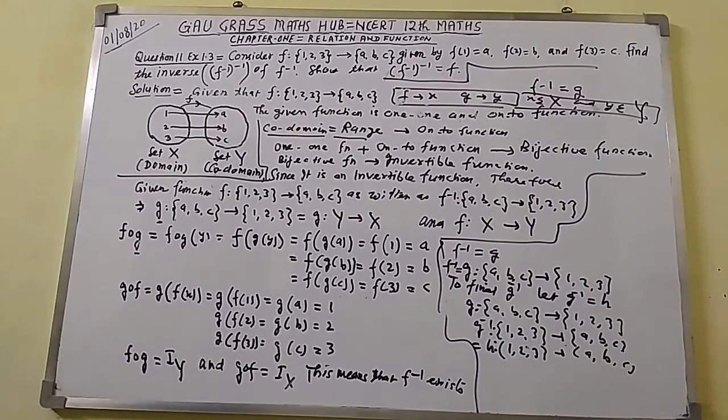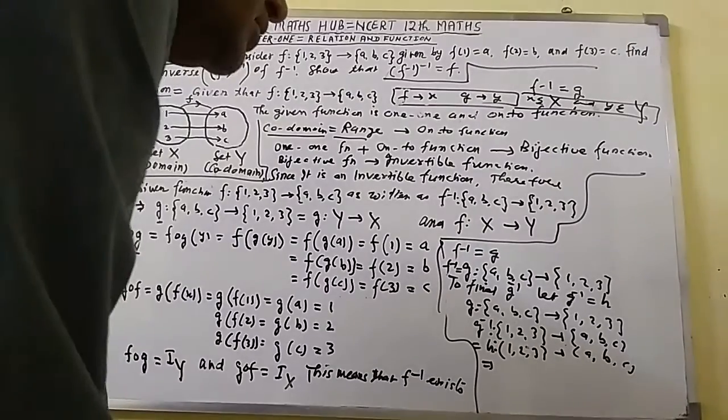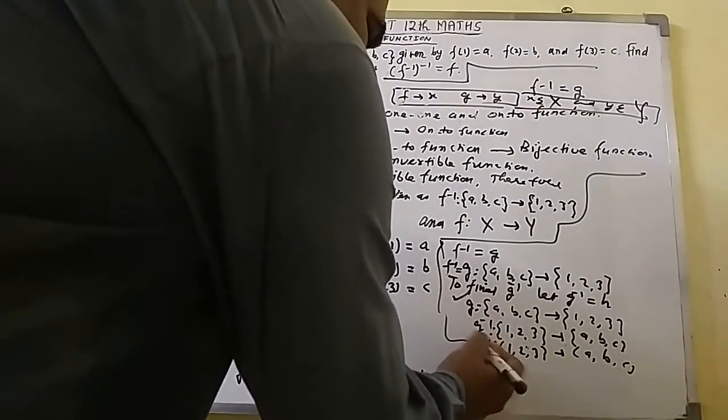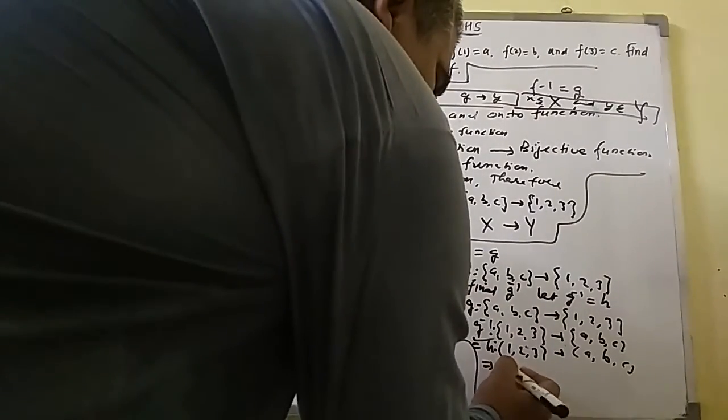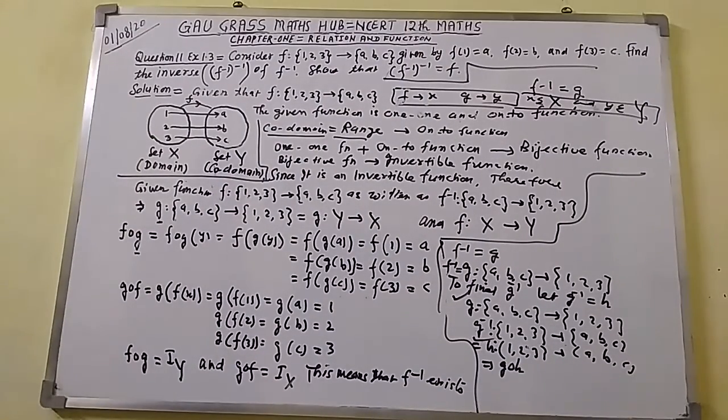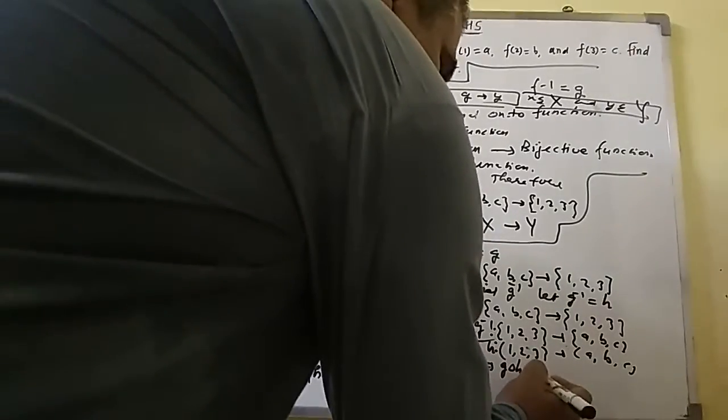So now you have to get G and H, those functions, and relate them. First you have to get GOH, so get the value of GOH.